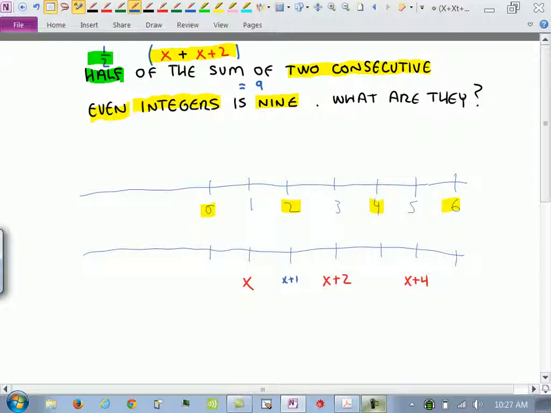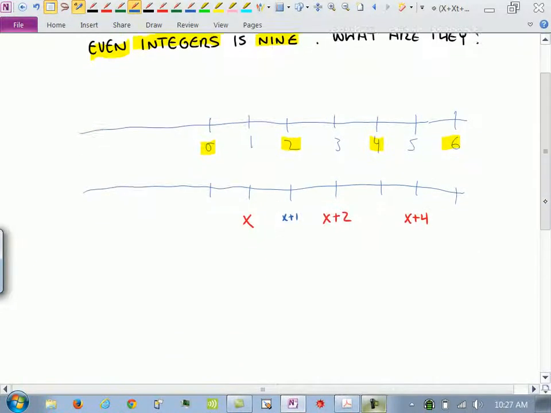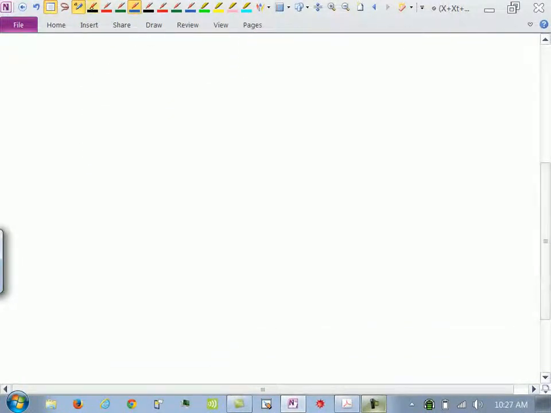All right, so try and write out the equation yourself. And I'll put it down here on the bottom. That's what you should get.